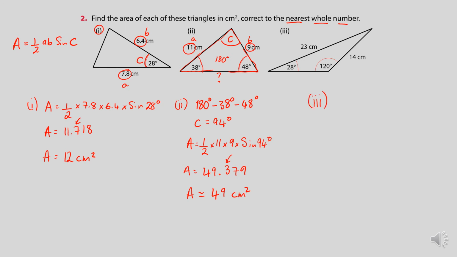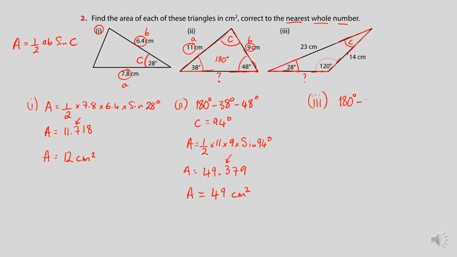Question 3. Okay, we have a similar situation here. We don't have the two sides to make angle 28, and we don't have the two sides to make angle 120. We do have the two sides for this missing angle, which we will call C. Again, we can calculate that knowing the three angles in a triangle add up to 180 degrees.